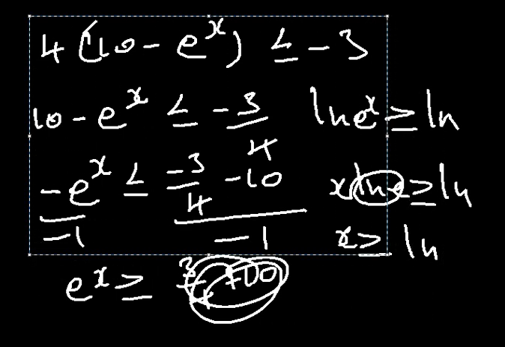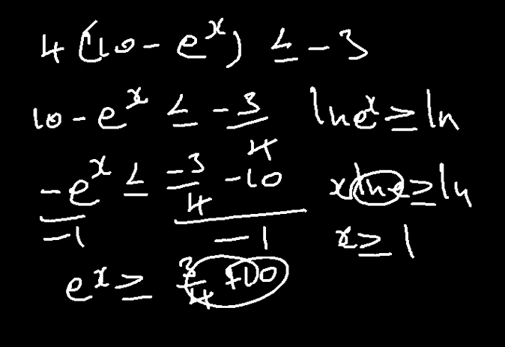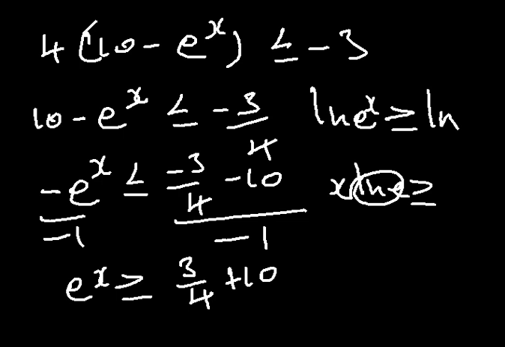So in this case, you need to be well versed in fractions. We'll have 4 as the common denominator. We'll have 40 plus 3, which means we have 43 over 4.